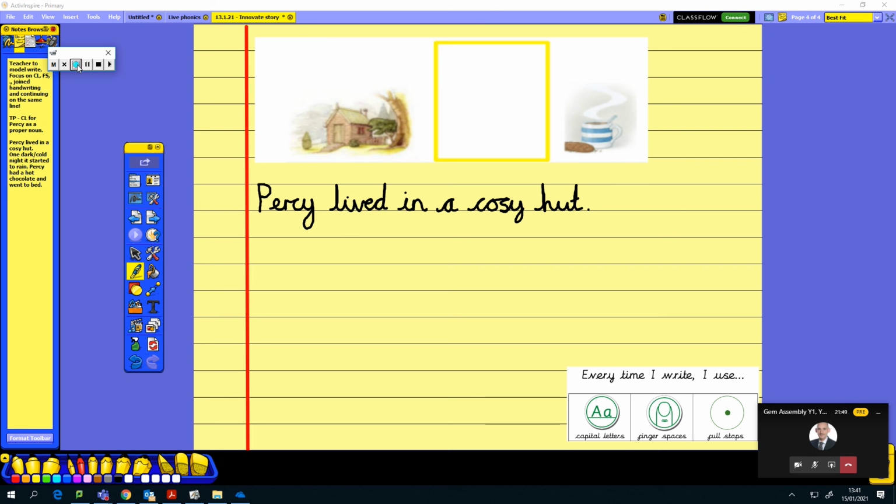Our next sentence is: One cold night, it started to rain. I wonder if you can use your phonics to sound out the words. Remember, if they're tricky words, you won't be able to sound them out.